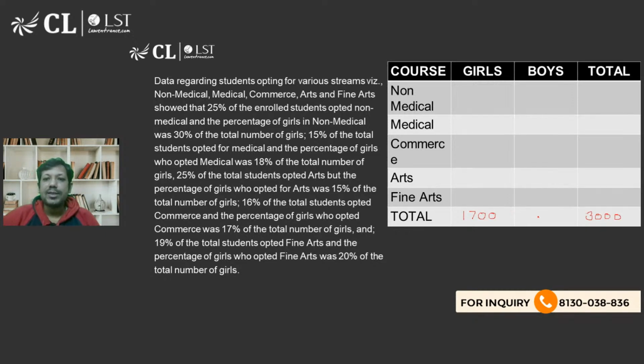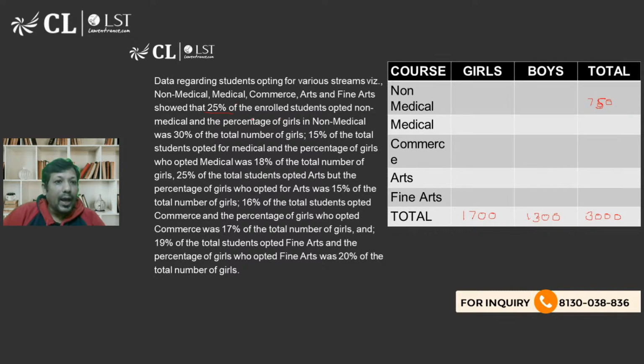How many boys are there? 1,300. Now, what is the information that is given? That 25% of the enrolled students opted for non-medical. So 25% means 1/4 of 3,000. So 1/4 of 3,000 is going to be 750. So that's what we are getting over here.